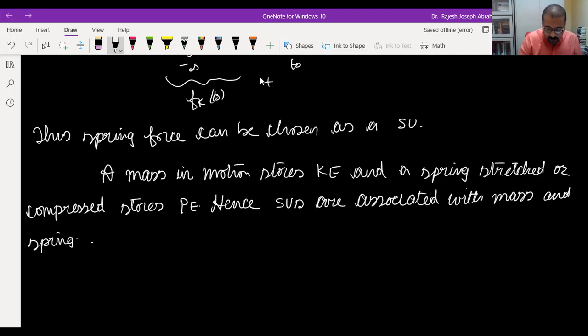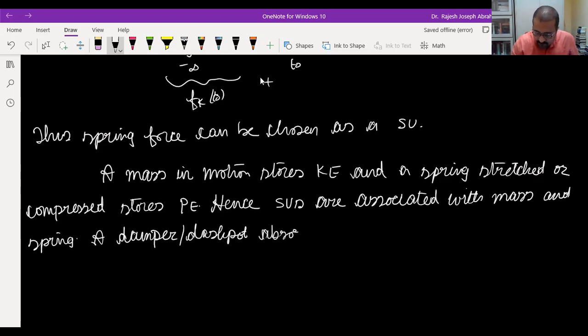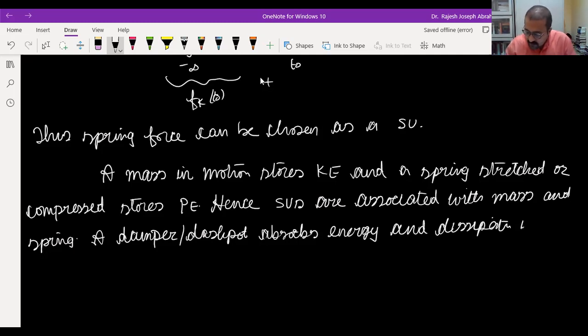A damper or a dashpot absorbs energy and dissipates it as heat.